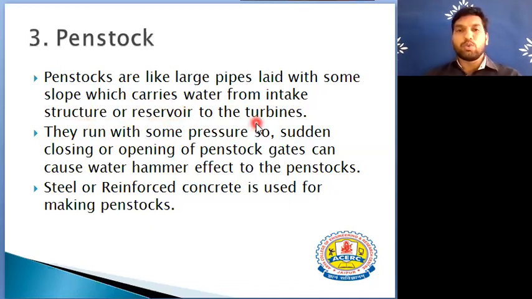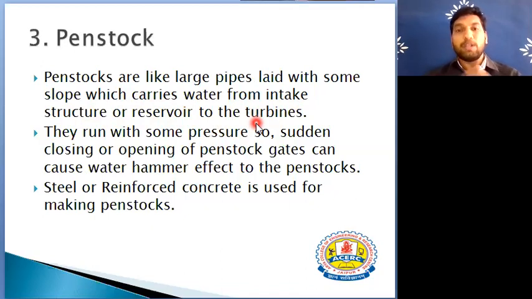As we all know, the penstocks are fixed on a slope, so the water pressure will be high. If the gate of the turbine is suddenly closed, there will be high pressure in the water which is flowing in the penstock.